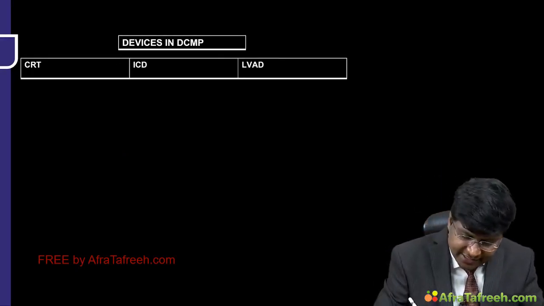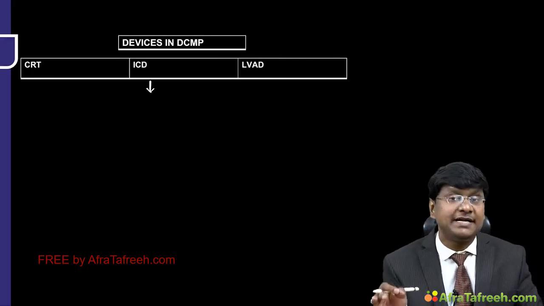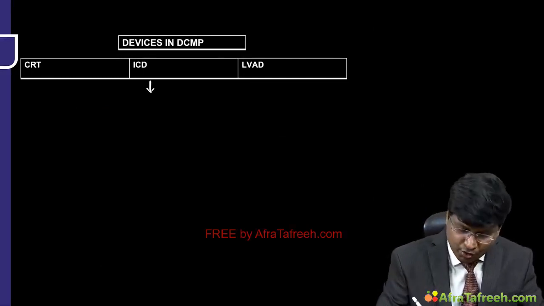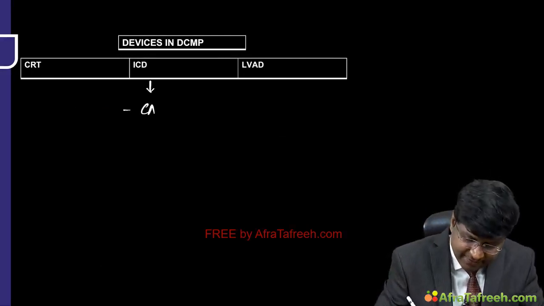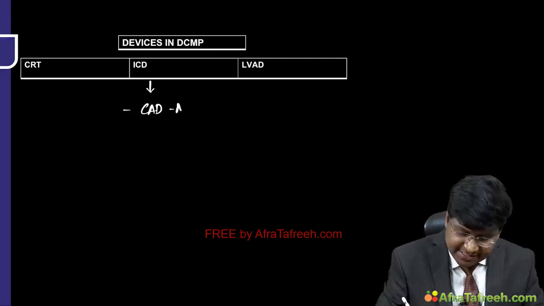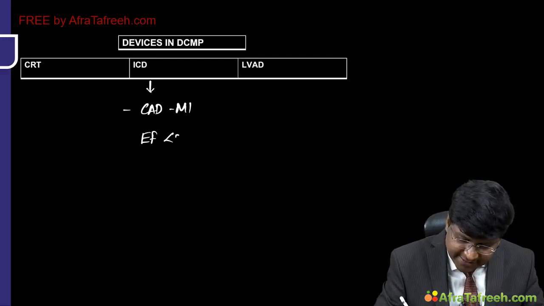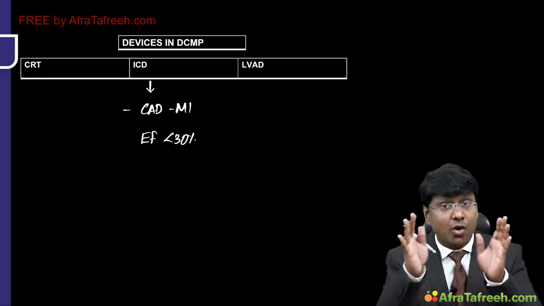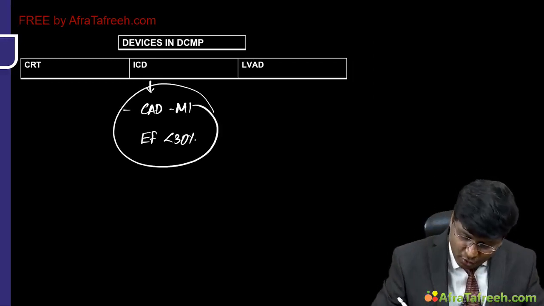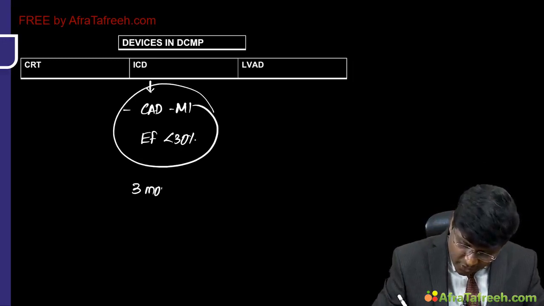Next is the ICD. Now, who are the candidates in whom you need to place the implantable cardioverter defibrillator? So, in individuals who have developed coronary artery disease, that is myocardial infarction, and the ejection fraction of the individual is less than 30% and almost 3 months over, right?